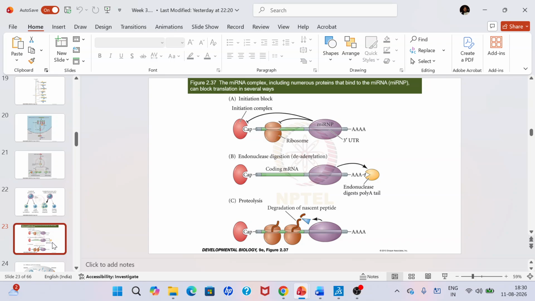Okay, so this is the miRNA complex. They are showing how it is activated, how it basically functions in repression of a particular mRNA.